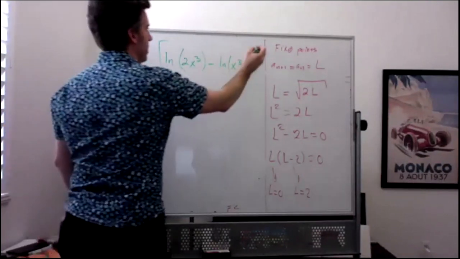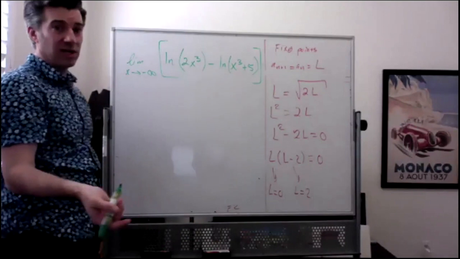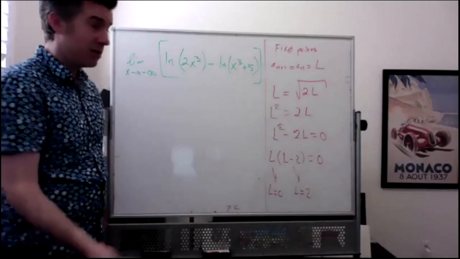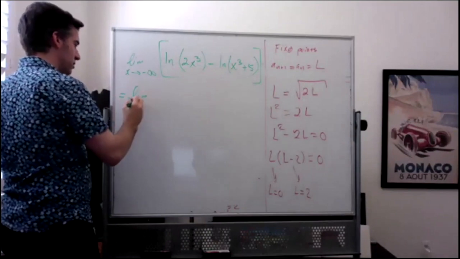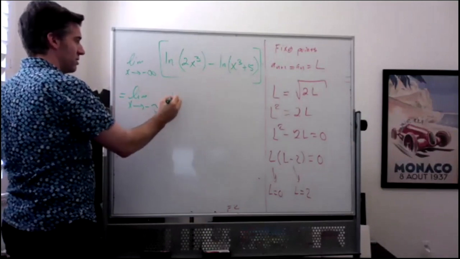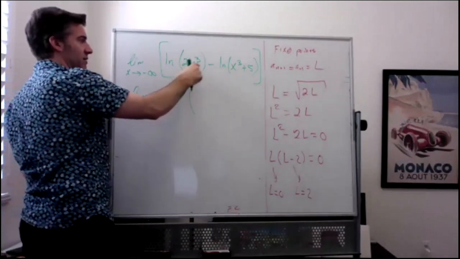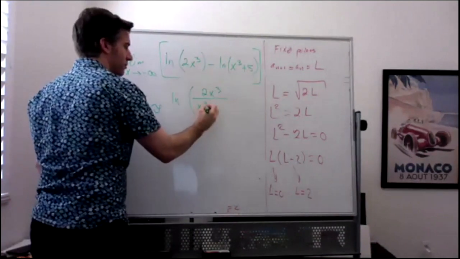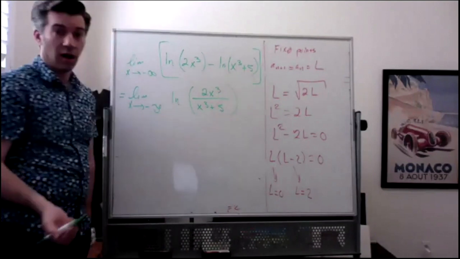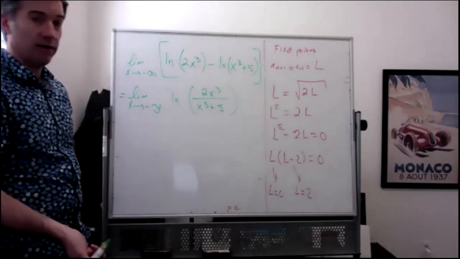The whole idea here is that we're going to use the rules of logarithms. The natural log of something minus the natural log of something else is the natural log of this thing divided by that thing. So it's the natural log of 2x cubed over x cubed plus 5.